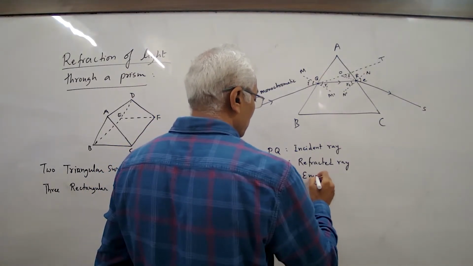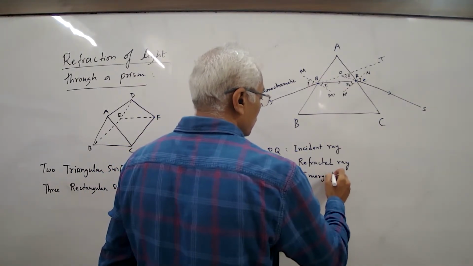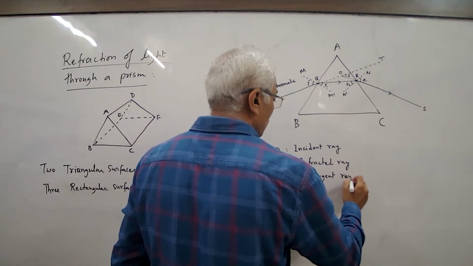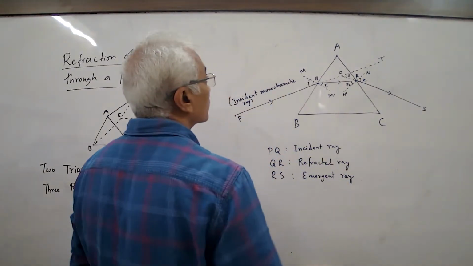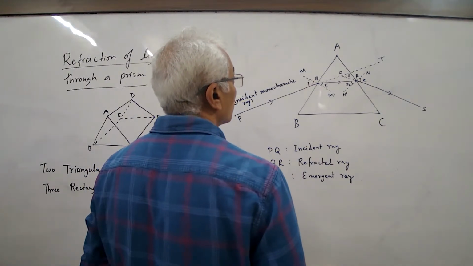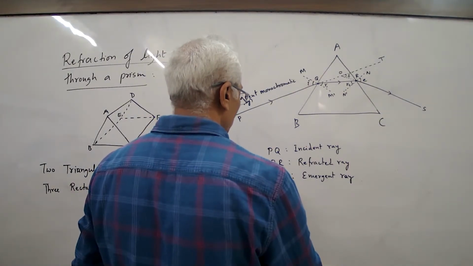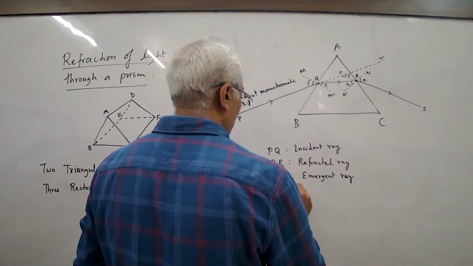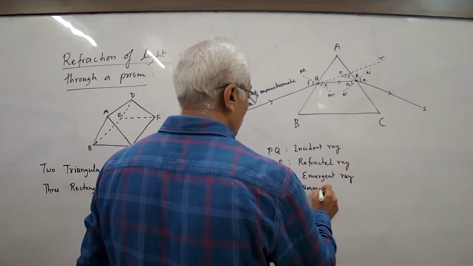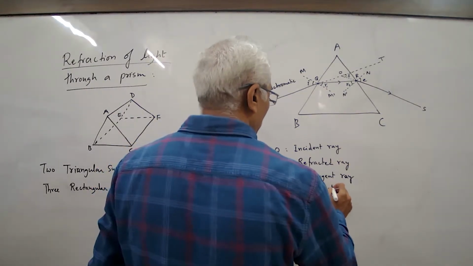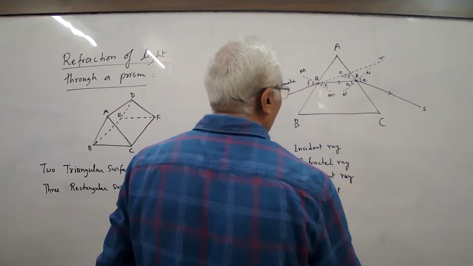It's called emergent. So this is all about the rays. Then we have the normal. So MM dash is the normal at base AB.